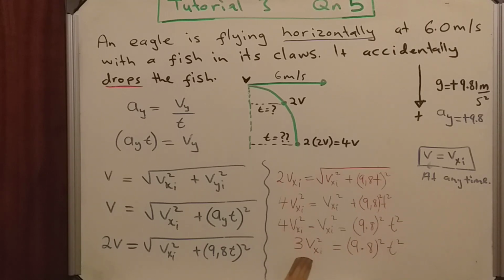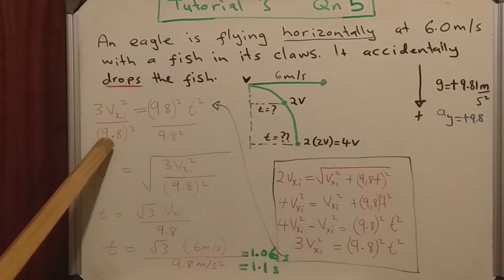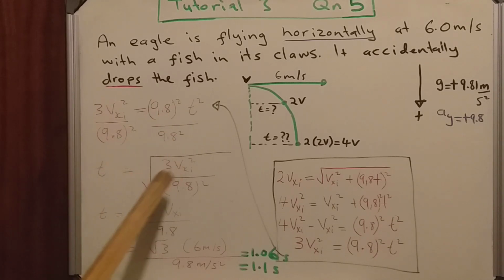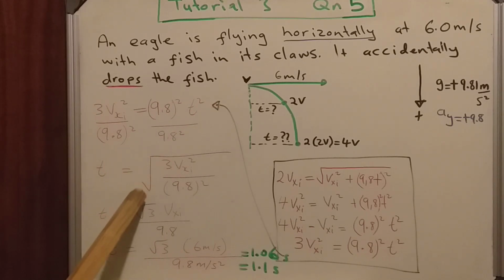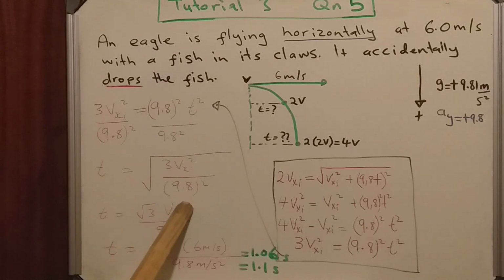Subtracting gives you 3 Vxi squared equal to 9.8 squared multiplied by t squared. From here, we just divide both sides by 9.8 squared. So t, we remove the square by taking the square root of this divided by 9.8 squared.